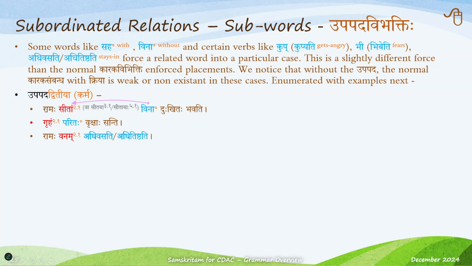So here now further, see, Ramaha Sitam vina dhukkitaha bhavati. Okay, without Sita, Rama becomes sad. So Rama, bereft of Sita, sad he becomes. In English we use the sense of 'of Sita', though there is no vibhakti in English.